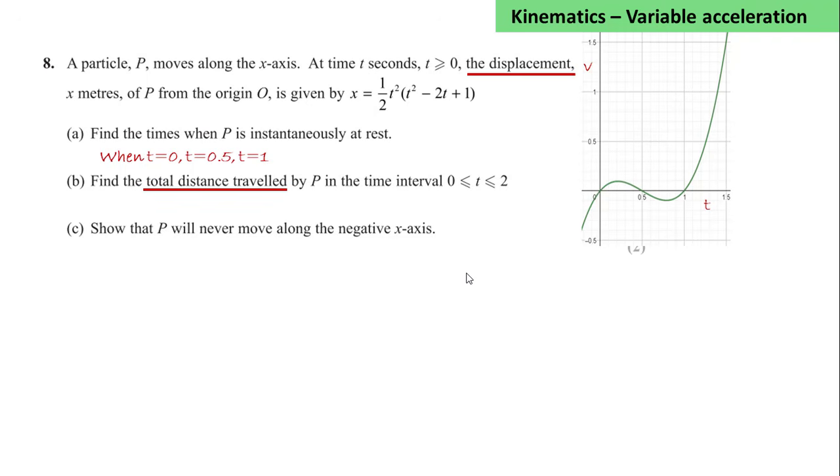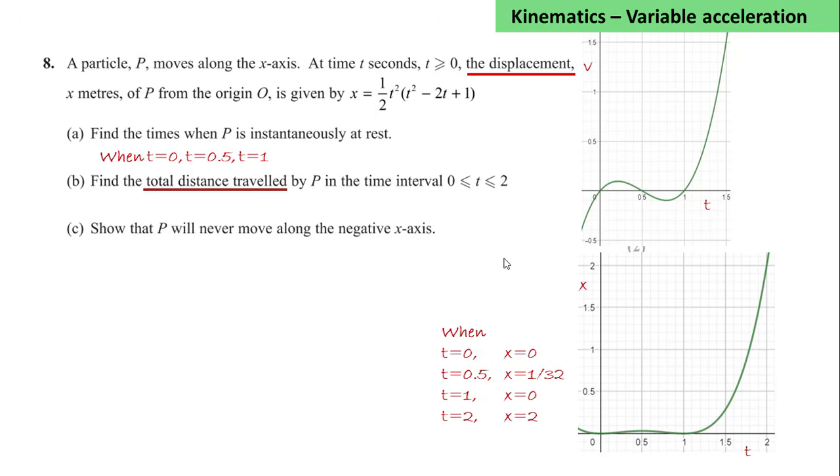We're asked to find the total distance travelled by P in this time interval, 0 less than or equal to t less than or equal to 2. Let's look at the displacement at these various points in time. Between t equals 0 and t equals 0.5, there's a positive velocity and it's travelled a distance of 1 over 32 away from the origin.